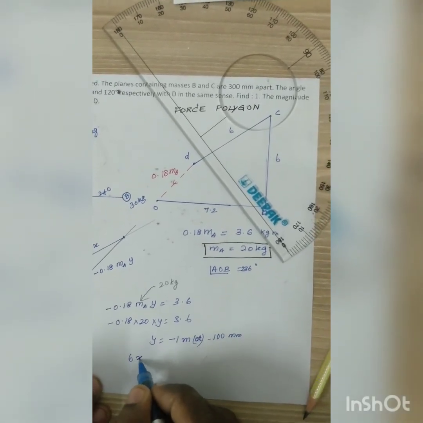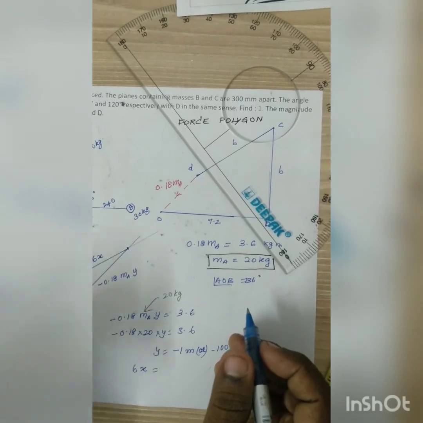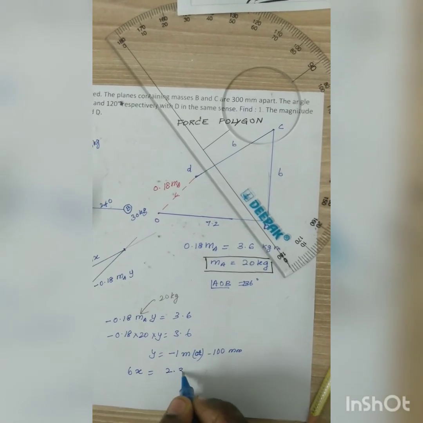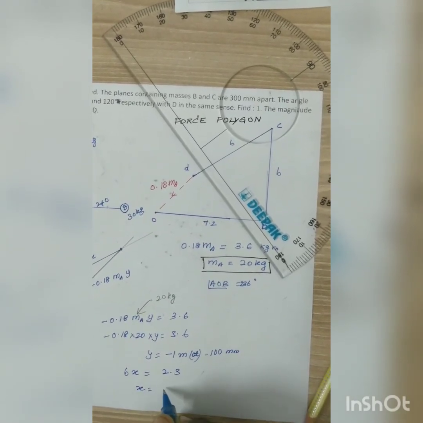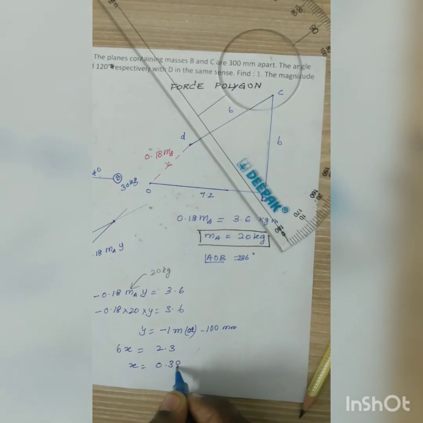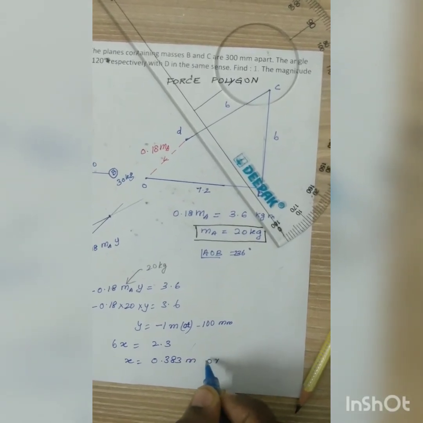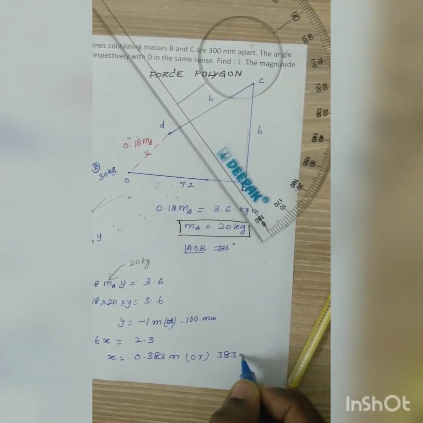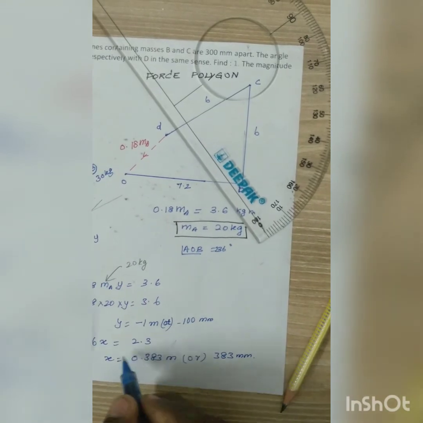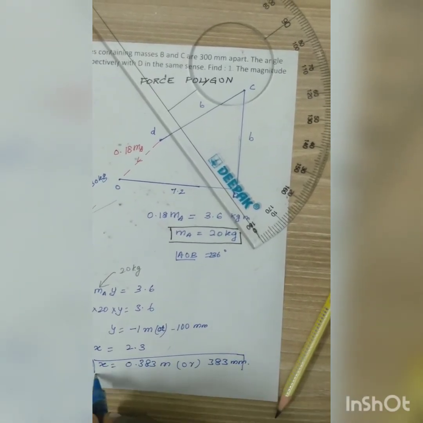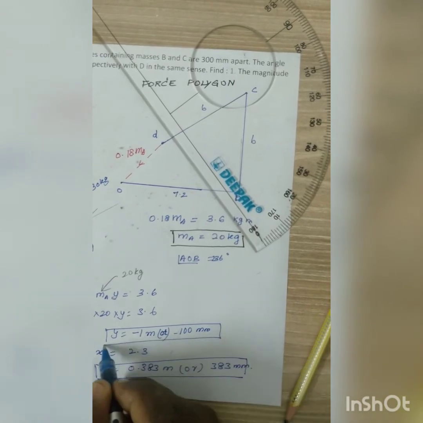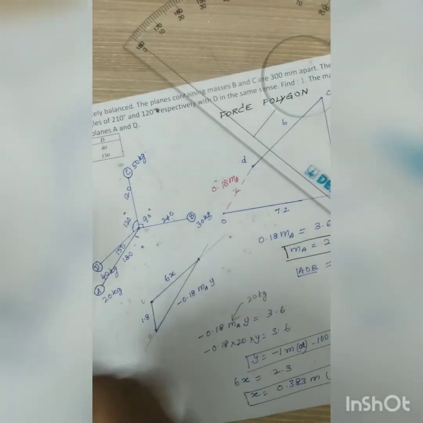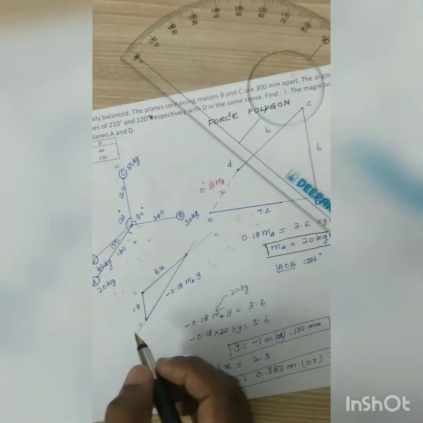So 6x, if you measure, is coming to be 2.3. So x is equal to 0.383 meters, or it is 383 millimeters. So we got the values of x and y and MA. So here this is the couple polygon we have drawn.